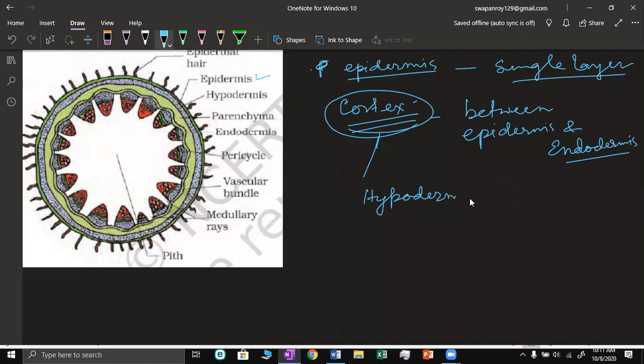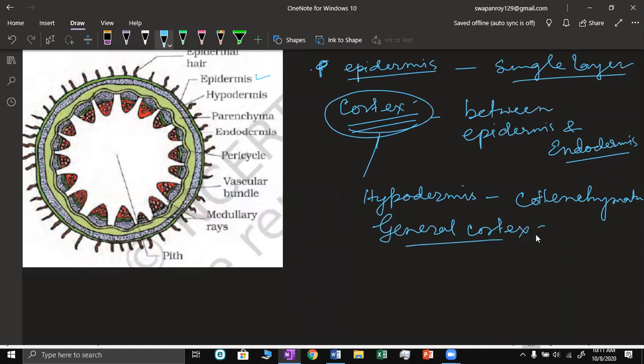This cortex can be differentiated into the hypodermis, which in the dicot stem is collenchymatous. Then there is the general cortex, the bigger portion, which is usually parenchyma.